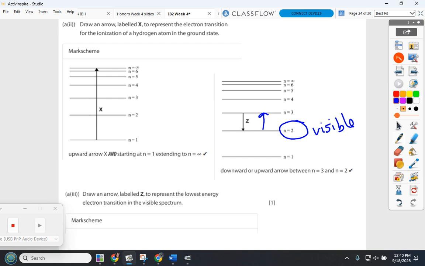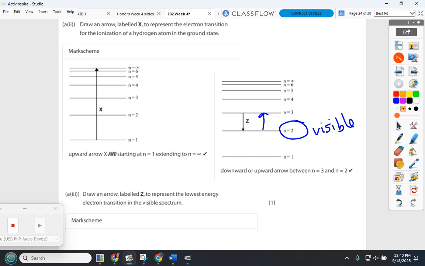Anything coming down to n equals 2, that's where the visible ones are. So the ones going all the way down to n equals 1 are going to be in the ultraviolet. Ones going to n equals 3 are going to be in the infrared. The visible spectrum, all of those lines come from electrons transitioning down to energy level 2. And in terms of the lowest energy electron transition, that's going to be the smallest drop, right?